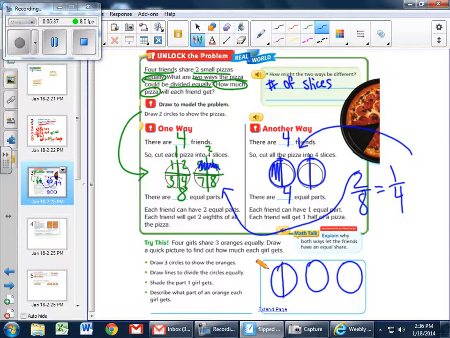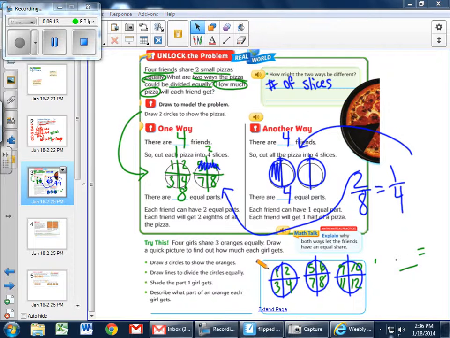So if we split each orange into 4 pieces, okay, now we need to see how many pieces there are. 1, 2, 3, 4, 5, 6, 7, 8, 9, 10, 11, and 12. What times 4 gives you 12? Because we have 4 girls, times something.